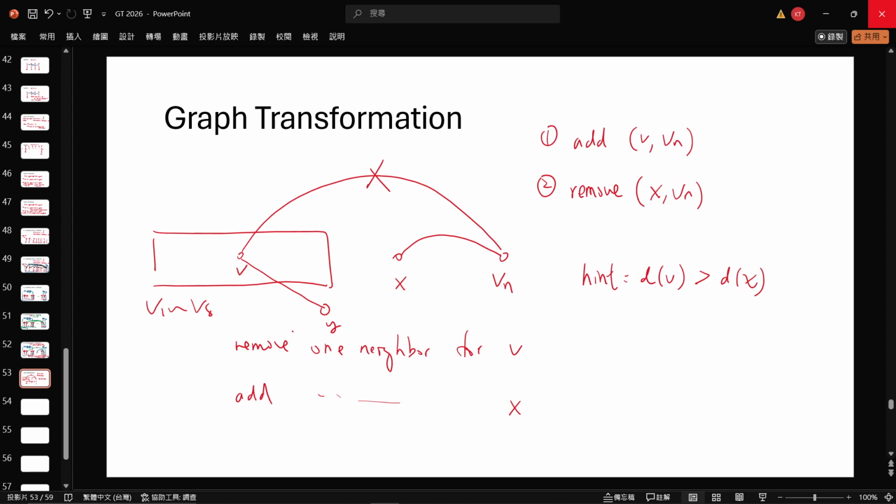Yeah. I think what you want to say is that we can add an edge here and remove this edge. Yeah, okay. Yeah, that's it.